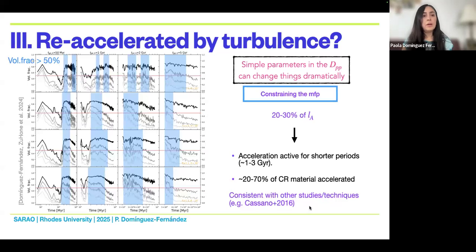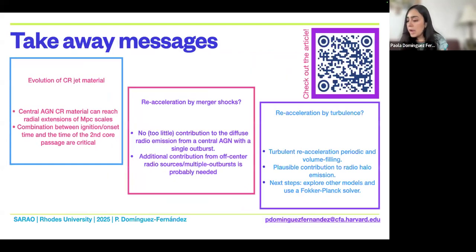So I think with that, I will try to just wrap everything up. What I showed you here is a study of idealized galaxy cluster mergers, where we have an AGN at the center of the most massive galaxy cluster.